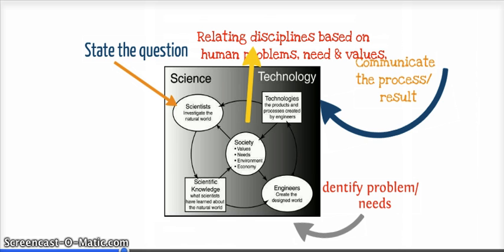Engineering, design under constraints, seeks solutions for societal problems and needs, and aims to produce the best solution given resources and constraints. Engineering uses a process, the engineering design process, to produce solutions and technologies. Technology is a body of knowledge of systems, processes, and artifacts that result from engineering.